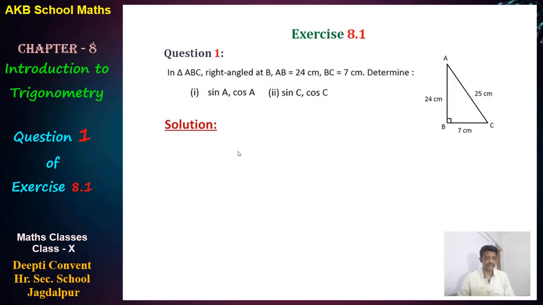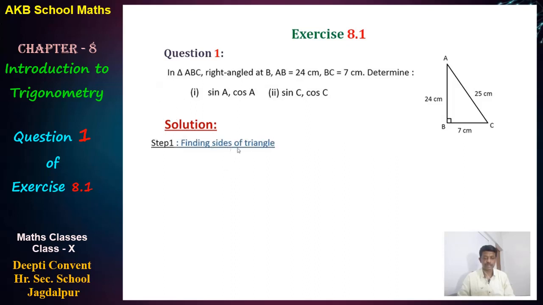Here this is the triangle, the right angle is there. Now we have to find sin A, cos A. Two sides are given, AB and BC. Then the third side we can get by using the Pythagoras theorem.